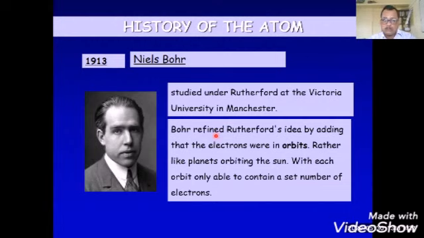So Bohr used that word orbit, and he proposed that, unlike Rutherford's nuclear model of atom, electrons move around the nucleus only in some selected circular paths, which he called orbits, similar to the planets revolving around the sun.